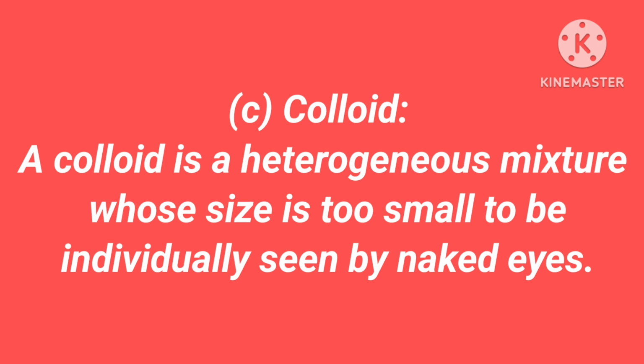Where it is a heterogeneous mixture means we can see a mixture of two kinds. In the case of here, the size of the particle is very, very small, but when you observe, we can see it with our naked eyes, so that is called a colloid.